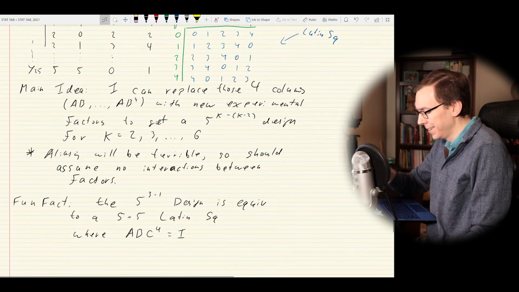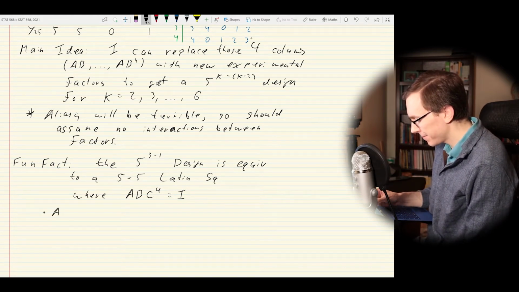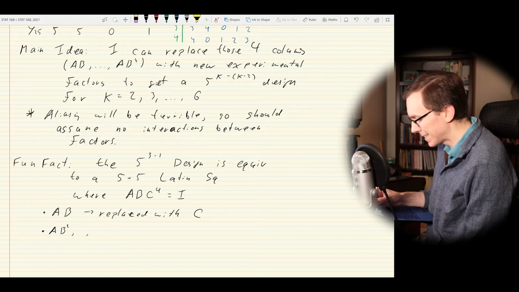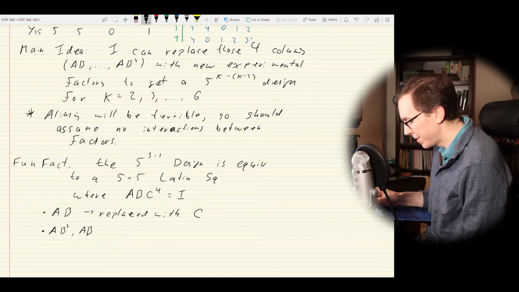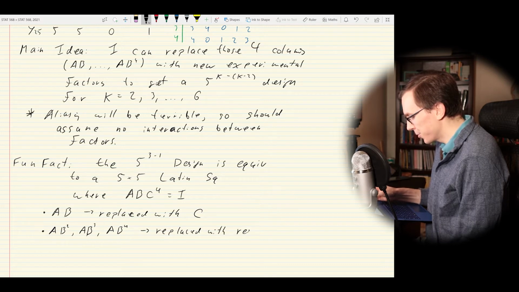In the Latin square, we would basically say A, B is replaced with C, and we would take all the other columns, and there's only 3 of them, so it's kind of silly to put in the dots if I'm just going to remove one element. And then the other columns are replaced with residuals.